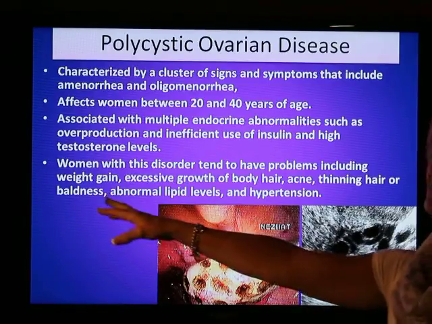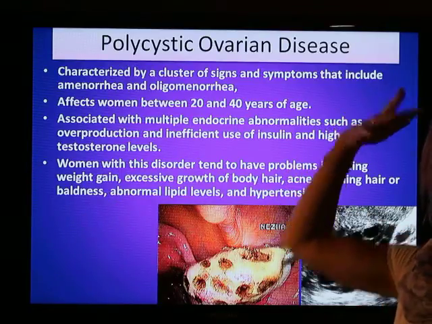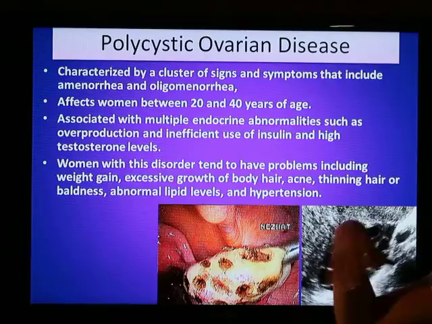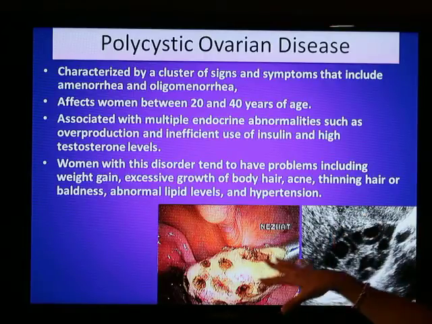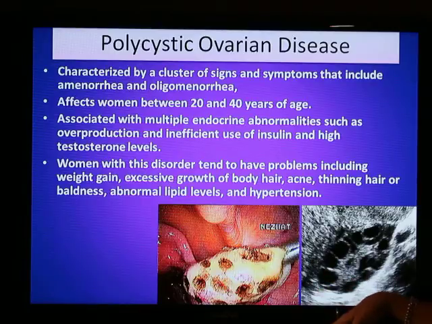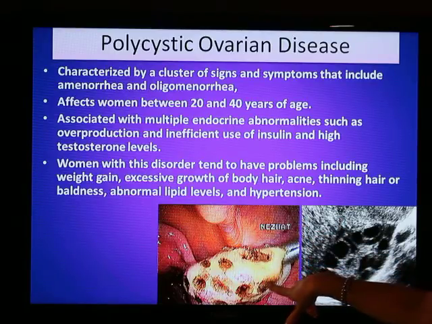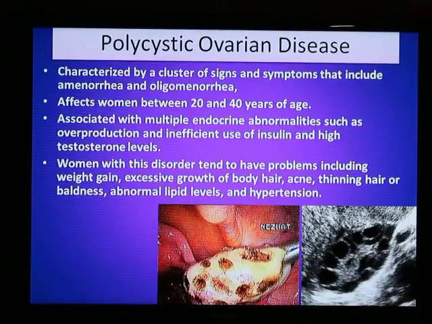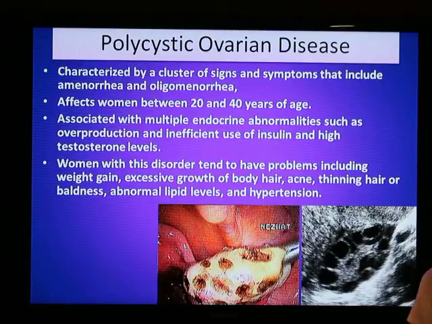So they gain weight, they can start developing male baldness patterns, they can have higher lipid levels, they can have acne, they can have hypertension, weight gain, and these are also associated with some of the other endocrine disorders, such as an overproduction or an inefficient use of insulin and high testosterone levels. So you might see a lot of glucose problems in your patient.